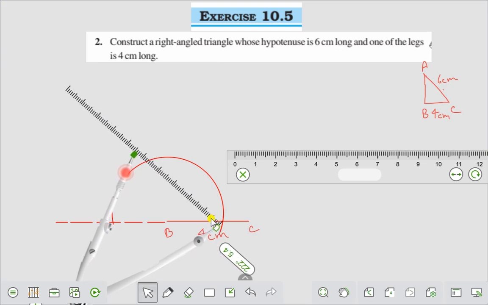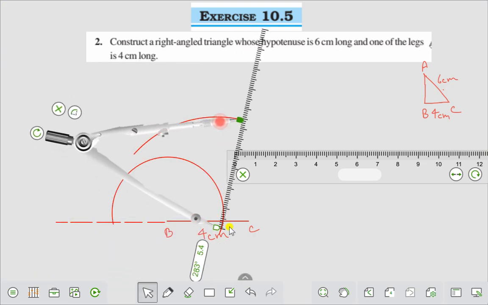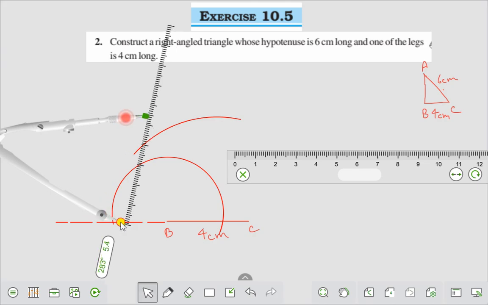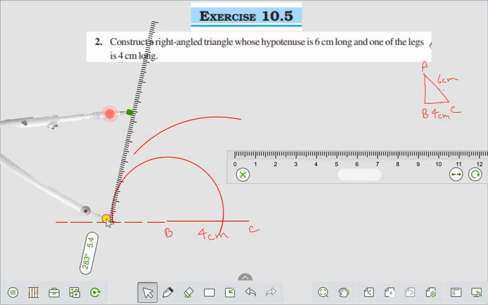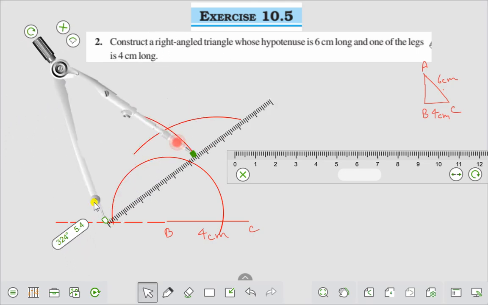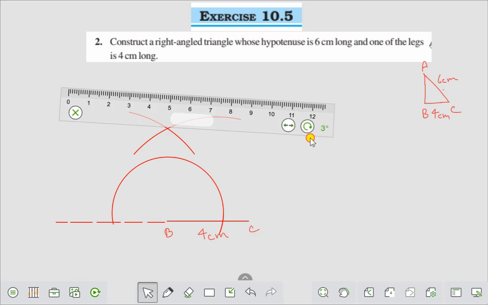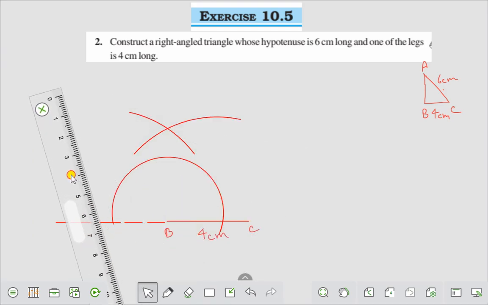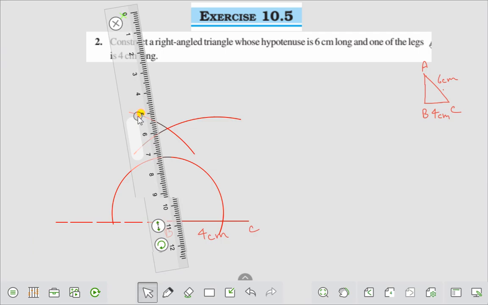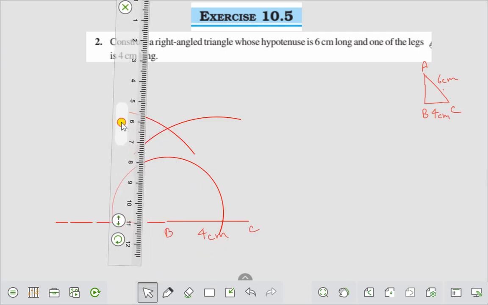Take the pointer at this point and draw an arc. Right? And again take this pointer here and draw another arc. This will give 90 degrees at the point B. Right? Now with the help of the ruler, let us join this point.